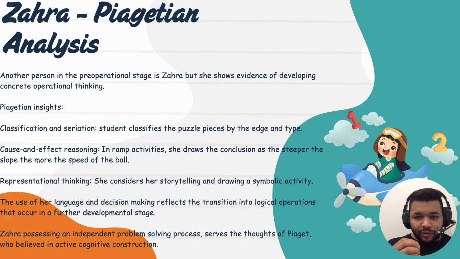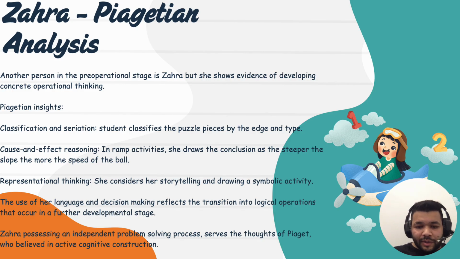Jara also falls within the preoperational stage but demonstrates emerging concrete operational skill. Her classification of puzzle pieces and cause-effect understanding during ramp activities reflect logical reasoning. In the ramp activity, she draws the conclusion that the steeper the slope, the faster the ball.